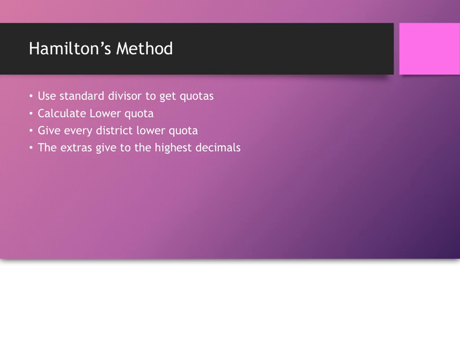So we start by giving the extra representatives to the highest level of decimal and working our way down until we finish out giving all of the representatives. Now, when I say highest decimal, I mean the district with the highest fractional component remaining on the quotas.